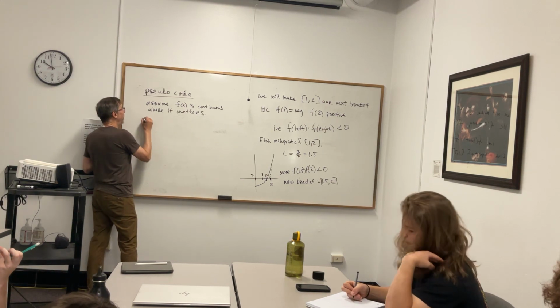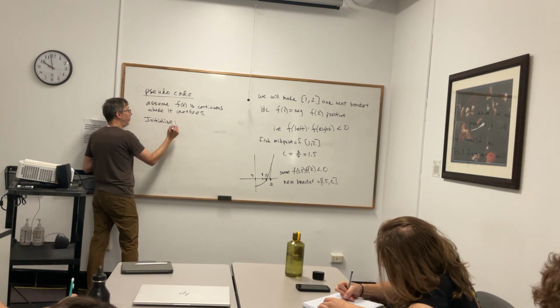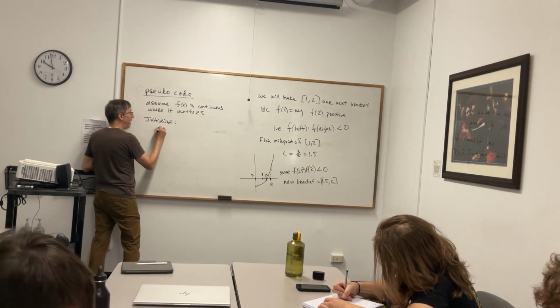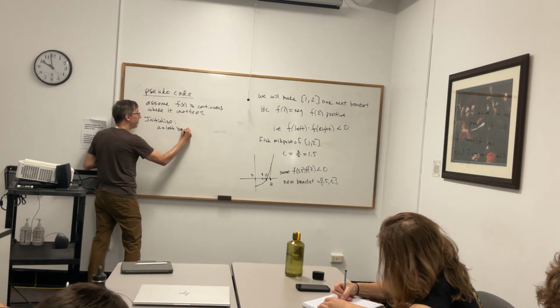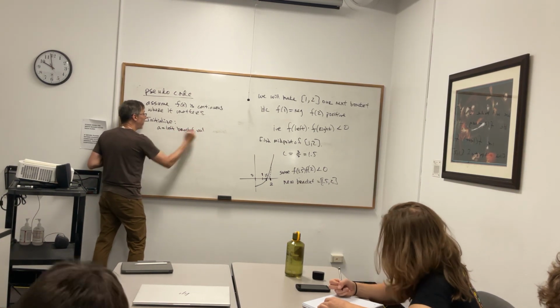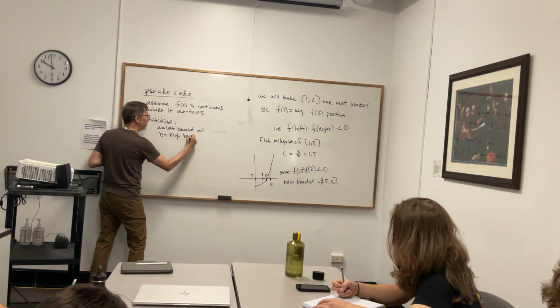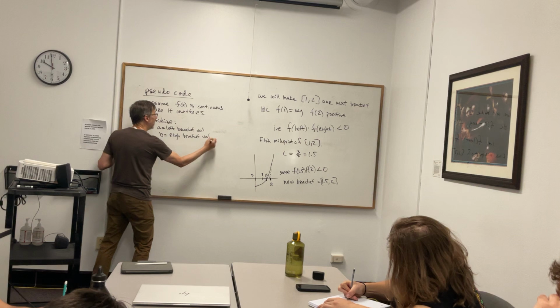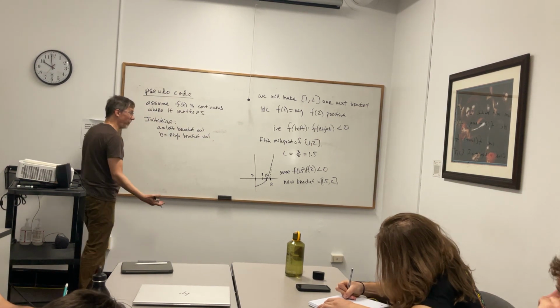We're going to initialize. And to initialize, we're going to set a equal to the left bracket value. We're going to set b equal to the right bracket value. We're going to do this all in the code. And then we're going to start rolling.